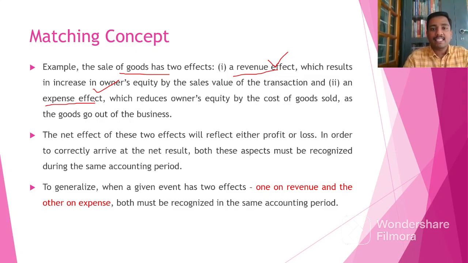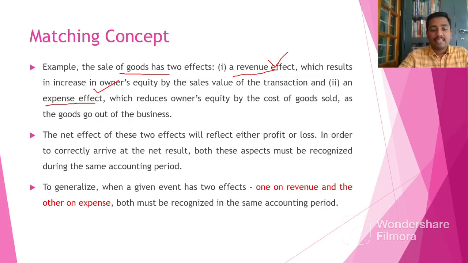So when a transaction is taken, it automatically results in a revenue aspect as well as the cost aspect. And the condition is that these two things should happen together, and if the two things happen together only, we can match these two things, and it should happen in the same period, and that will result in the net effect on your owner's equity.